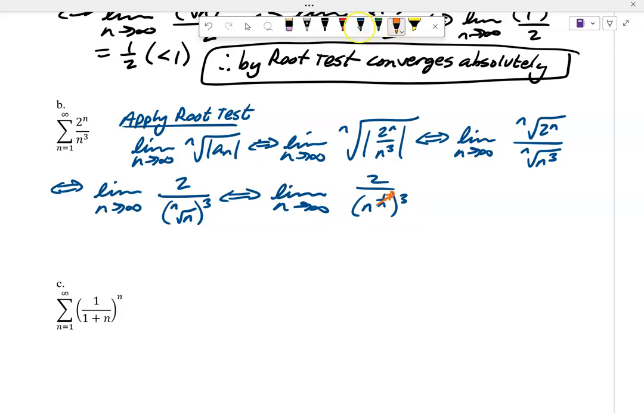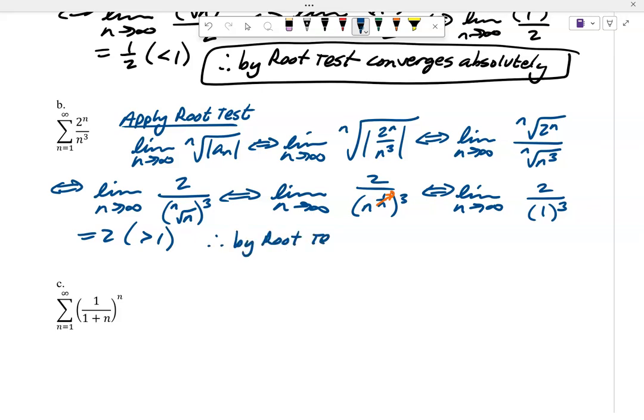So we've got 2 over n to the 0, that's 1 to the third. And so this is equal to 2. Well, that's bigger than 1. So by the root test, since it's bigger than 1, the series diverges.